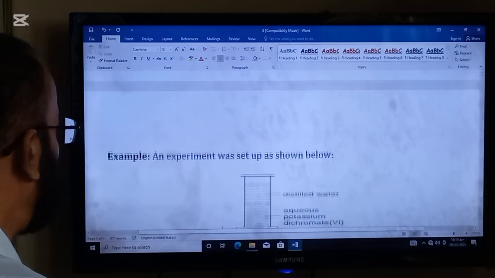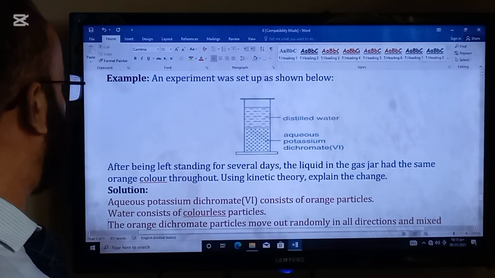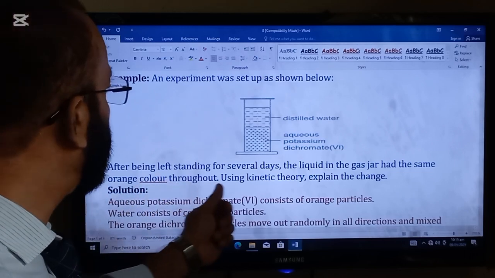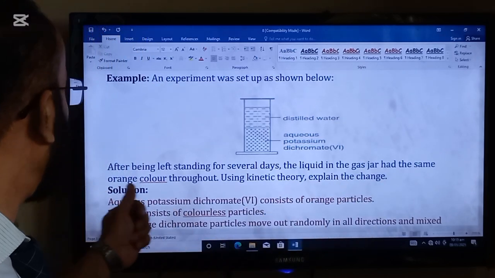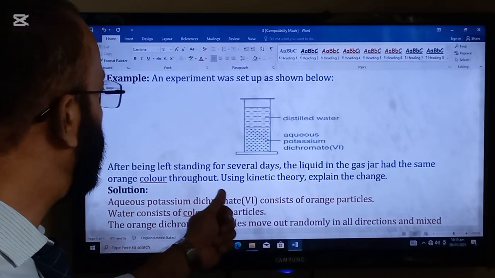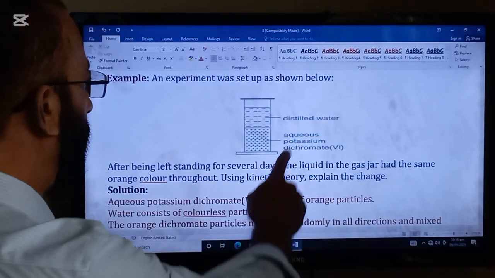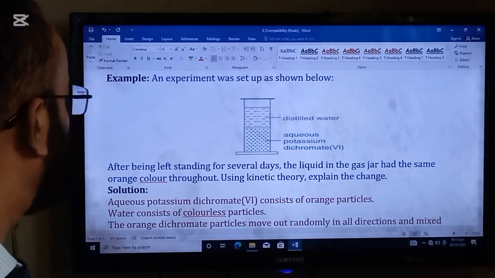Another example is an experiment set up as shown below. After being left standing for several days, the liquid in the gas jar had the same orange color throughout. Using kinetic theory, explain the changes. Here is distilled water, here is aqueous potassium dichromate.